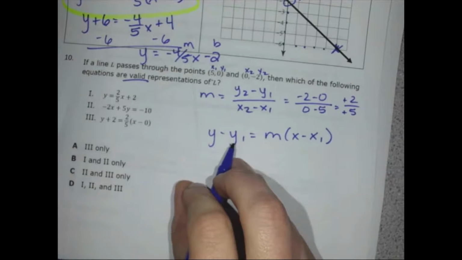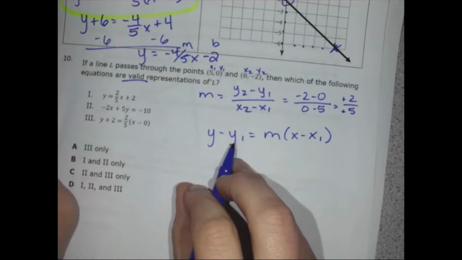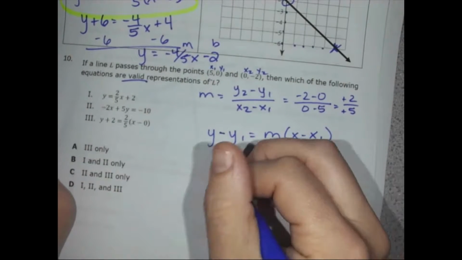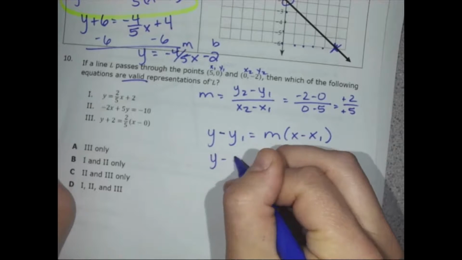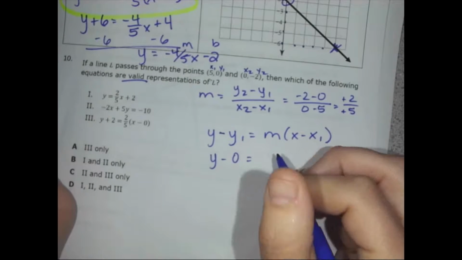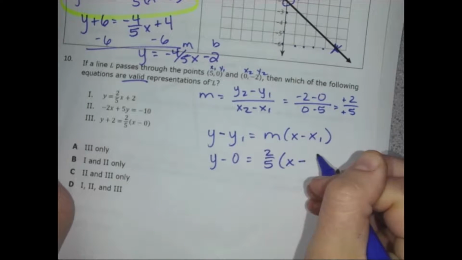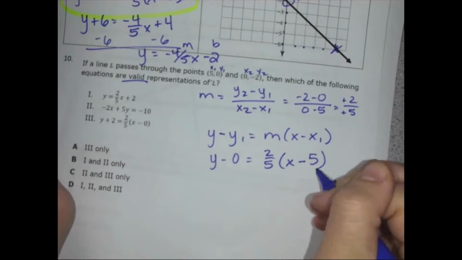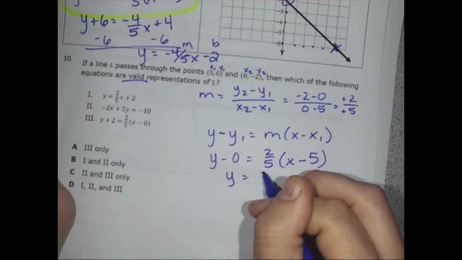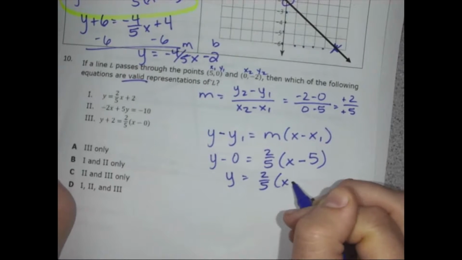For that, I'm going to do y minus 0 equals 2/5 times x minus 5. Y is equal to 2/5 x minus 5.